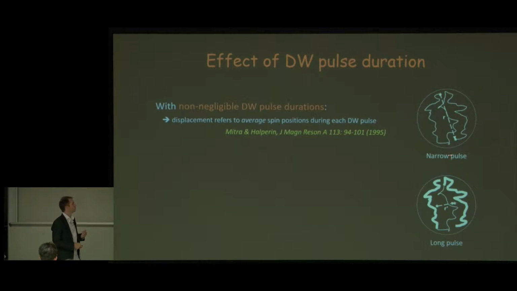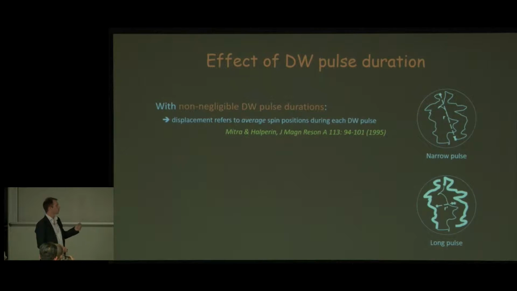That all relies on the pulse being so narrow in time, so short, that the displacement of the water molecule is negligible over the timescale of that pulse. The problem is in practice, even on the best scanners, even in preclinical scanners, we can't do that. If that's an axon, that's about a micron or less. The root mean square displacement of water in vivo is much, much greater than a micron.